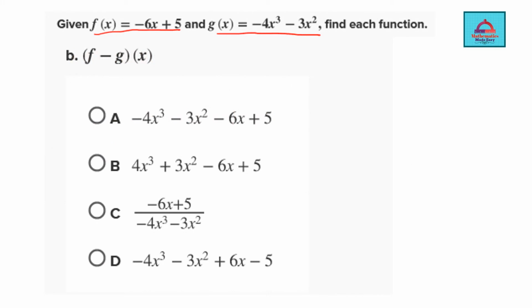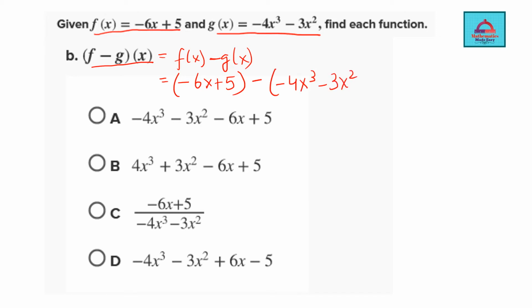Let's now find subtraction of 2 functions. We are going to subtract g of x from f of x. So this is f of x minus g of x. When you are substituting the functions, you have to be careful of the sign. Don't make any sign mistakes. There's a negative, and then we put the bracket and the value of the second function. When you are opening the brackets and there's a negative sign outside, the inside terms will change sign.